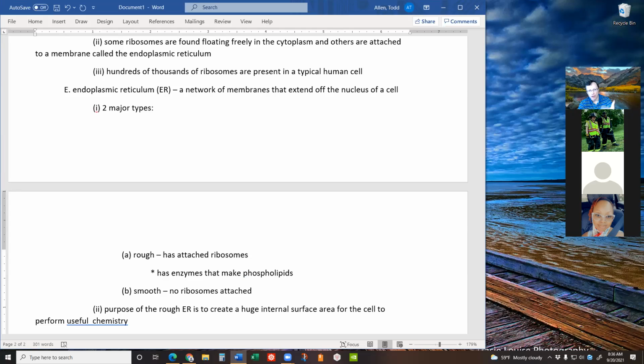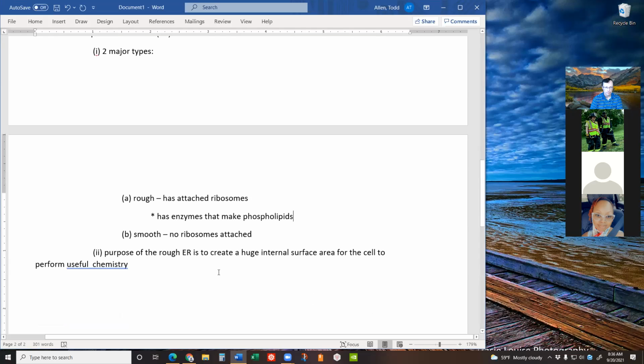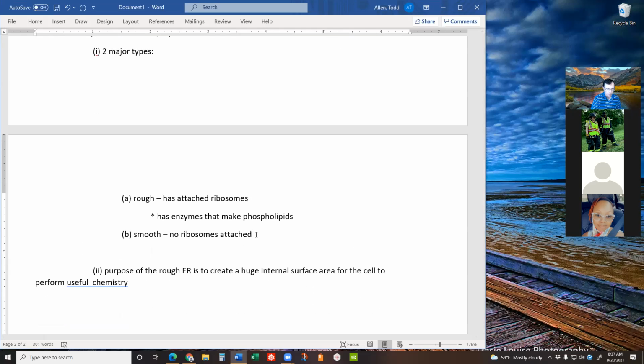So phospholipids are made by enzymes that are sticking in the fabric of the rough endoplasmic reticulum membrane. Just to give you a piece of information about the smooth endoplasmic reticulum: it contains enzymes that are involved in the synthesis of fatty acids and different steroid molecules.